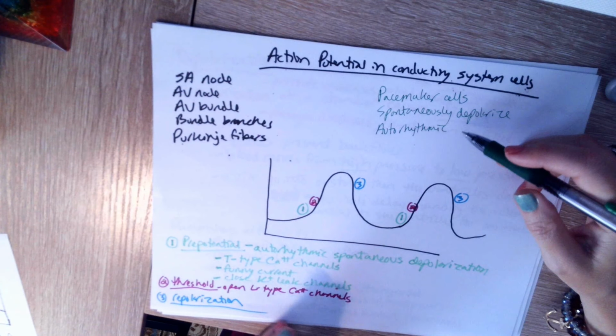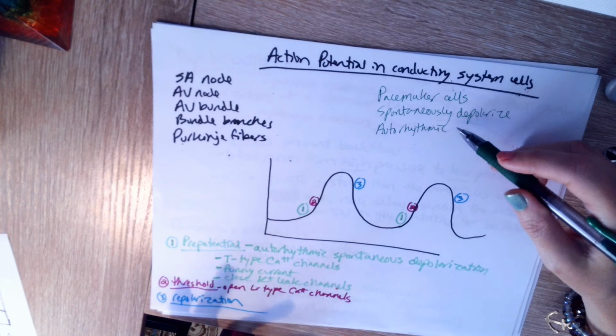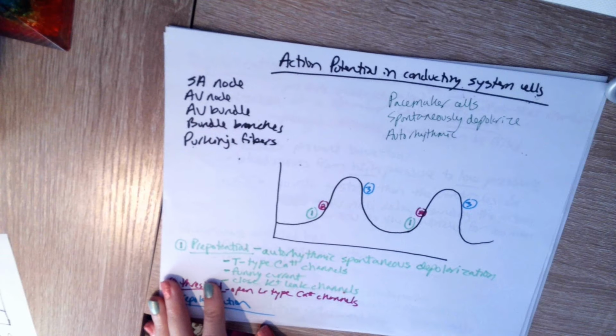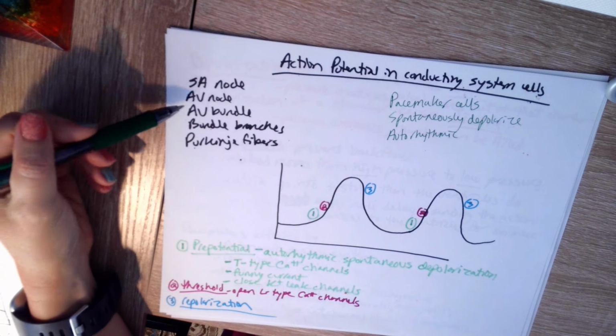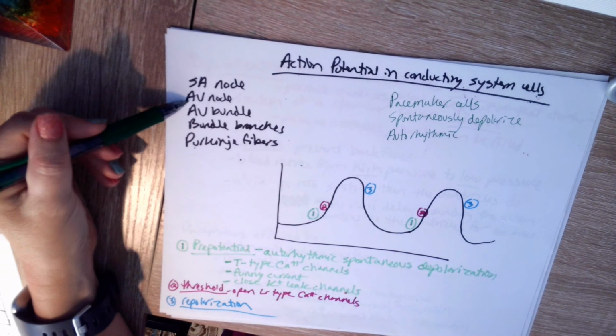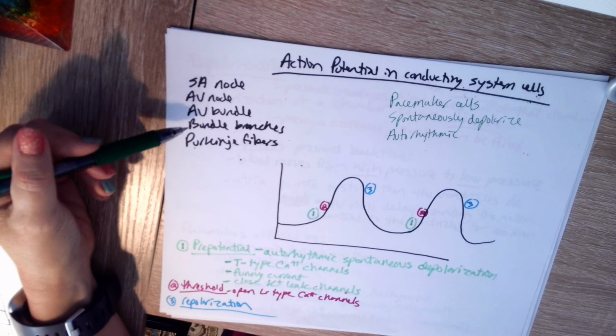And typically when they're just left to their own devices, they'll be giving you a heart rate of about 60 beats per minute, so just a normal resting heart rate. So you would have learned these in lab already. There's the SA node, or the sinoatrial node. That's at the top of the right atrium. There's the AV node, or the atrioventricular node. It's at the bottom of the right atrium.